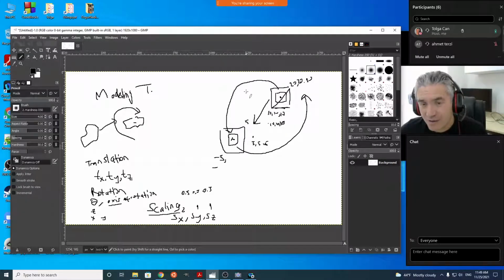These will be like temporary transformations to achieve the effect that we are looking for. Translate the center of mass here, do the scaling here, translate the center of mass back.